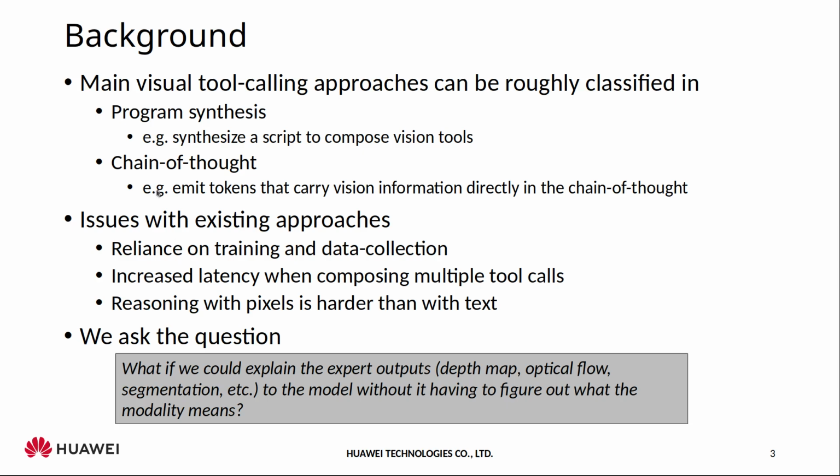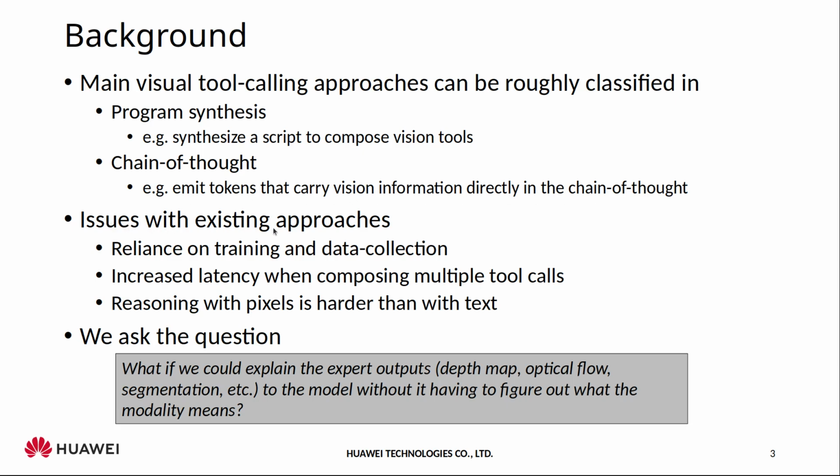The existing visual tool calling approaches for the problems presented can be roughly classified in either program synthesis, where the model synthesizes a script to compose visual tools, for example, drawing circles or drawing lines, and also chain of thought approaches, where the model emits tokens that carry visual information directly in the chain of thought, such as a depth value.